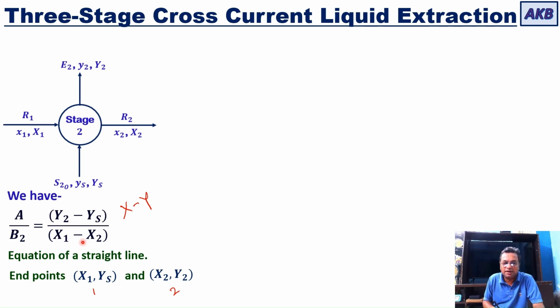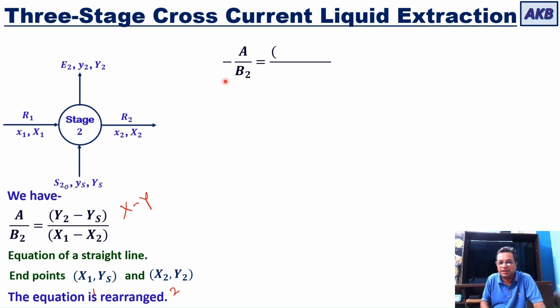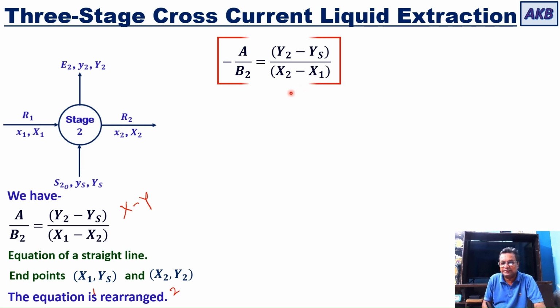So for that, I will have to take negative sign common. And after rearranging the equation, I get minus A upon B2 is equal to capital Y2 minus capital Y1 divided by capital X2 minus capital X1. This is nothing but the operating line for stage 2, and it has endpoints.